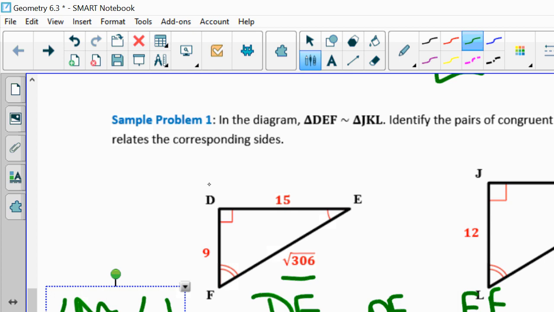Taking the first one, DE is 15 over JK, 20. 15 and 20, the biggest number they have in common is 5, so that reduces to 3/4. So the ratio of all the corresponding sides would be 3/4.